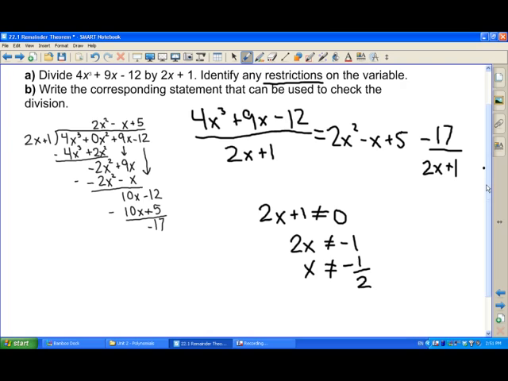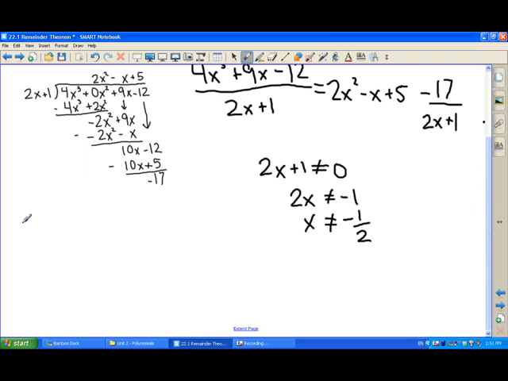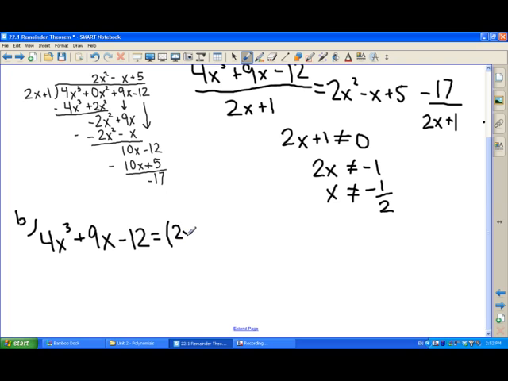And then to answer part B, my corresponding statement that can be used to check the division would be stating that my original polynomial, p of x, so 4x cubed plus 9x minus 12, is equal to my divisor, 2x plus 1, times my quotient, 2x squared minus x plus 5, plus my remainder, negative 17.